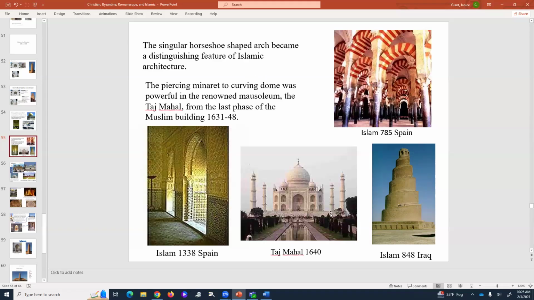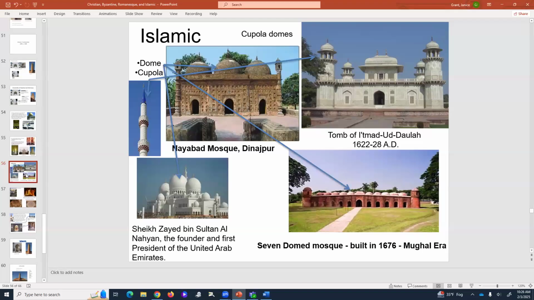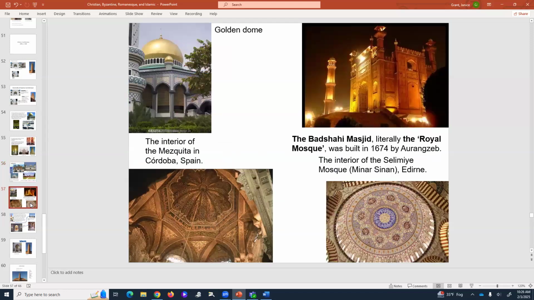We have the minarets that we talked about, the horseshoe shaped arch, the cupola, and the golden domes, all just plastered with beautiful mosaics inside. Imagine that would take a long time to build.